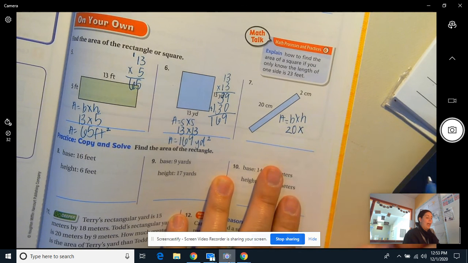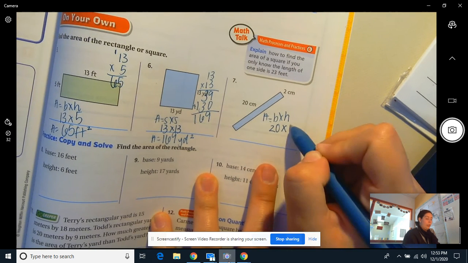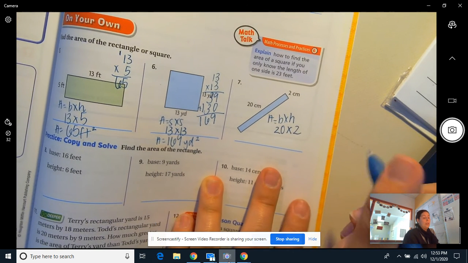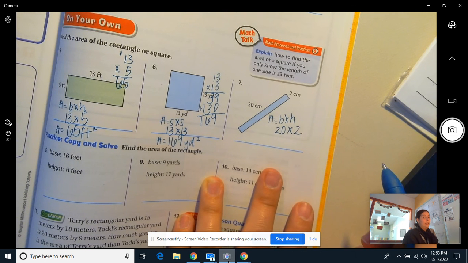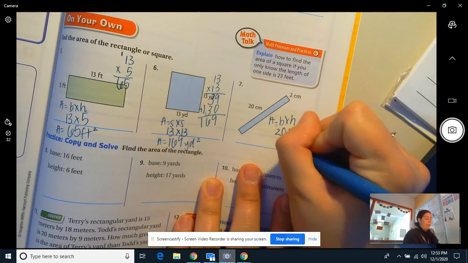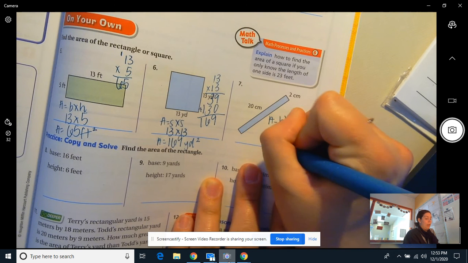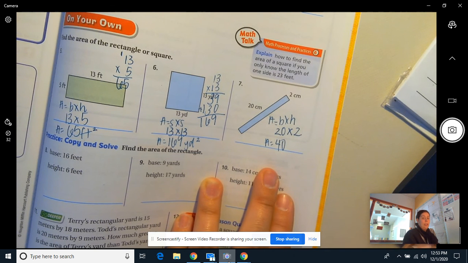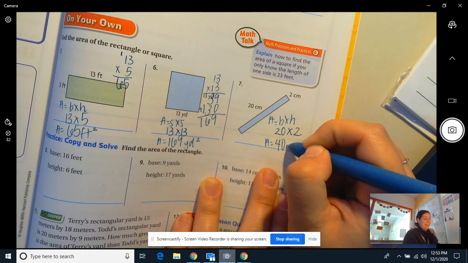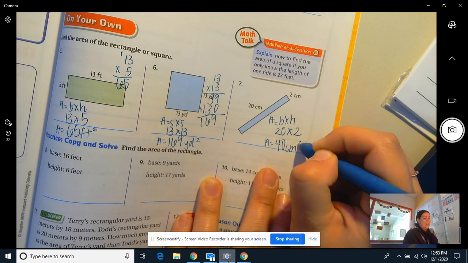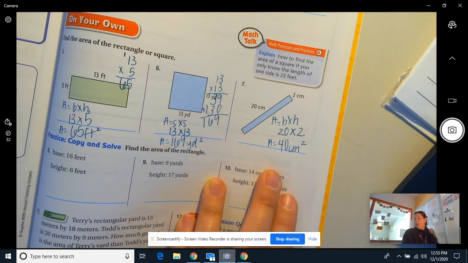My height, what's my height, Max? 2. We can do 2 times 20 in our head. What is 2 times 20, Max? 40. How would I write my answer? I would write area equals 40 what? Square feet. Square centimeters. I'm confused. Centimeters squared. Yeah. Just like that.